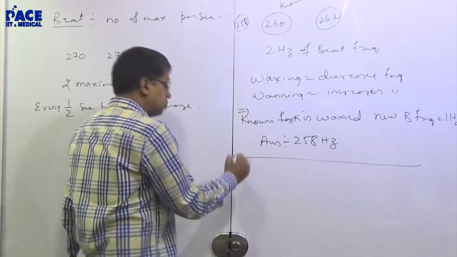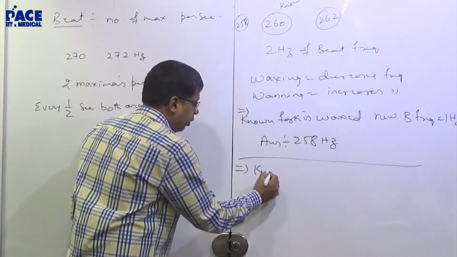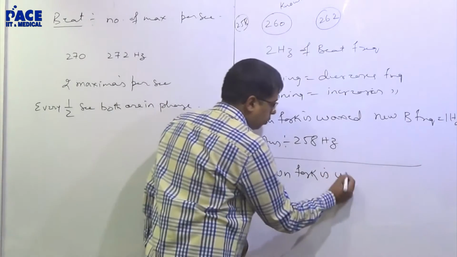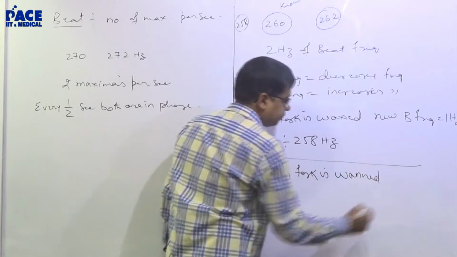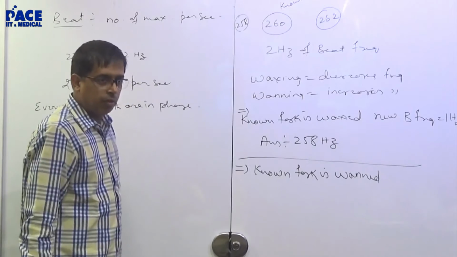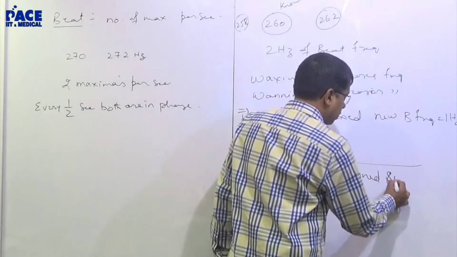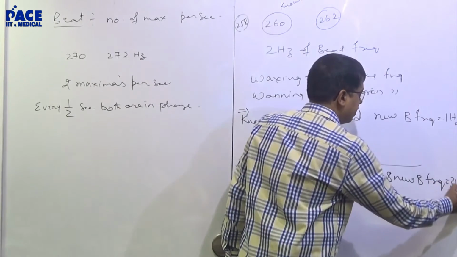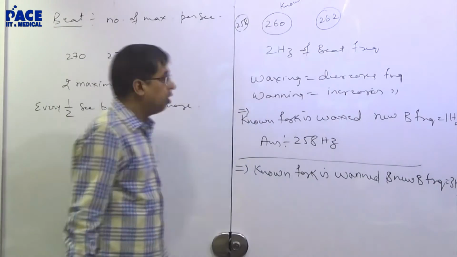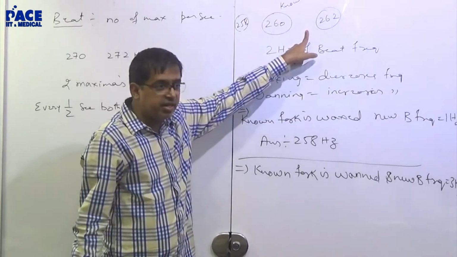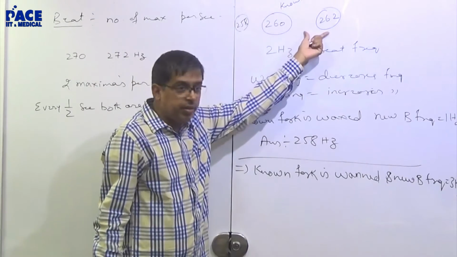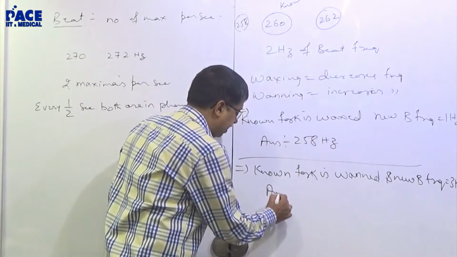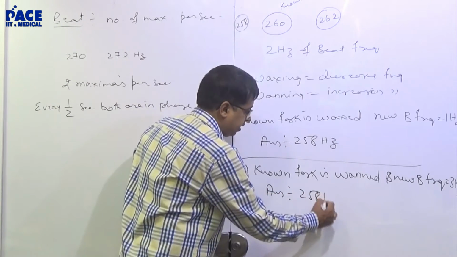Suppose I had told you the known fork is waned and the new beat frequency is 3 hertz. On waning, its frequency increases. Now this difference will be lesser than 2. But you are telling me 3. So my answer is again 258 hertz.